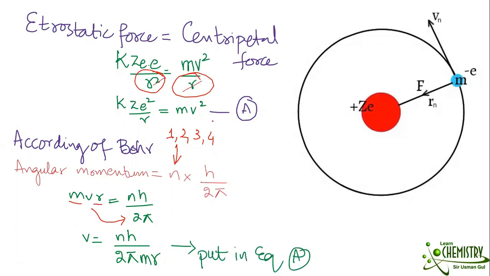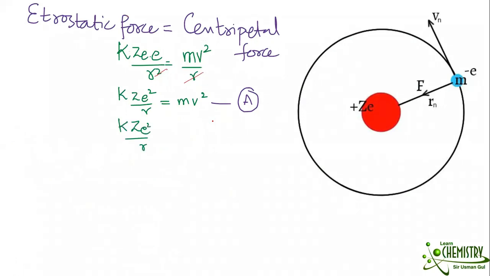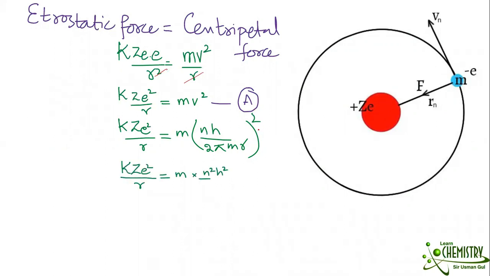So now I write nh upon 2 pi mr in place of v. After this, I open the bracket by squaring. Now some simplification can happen.